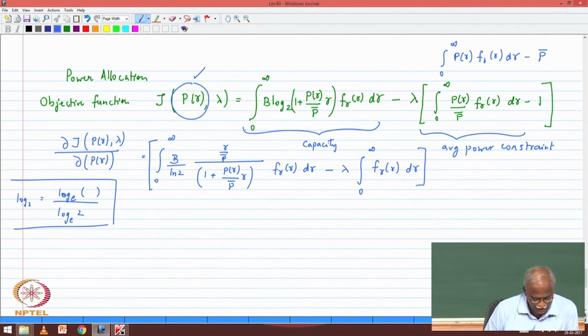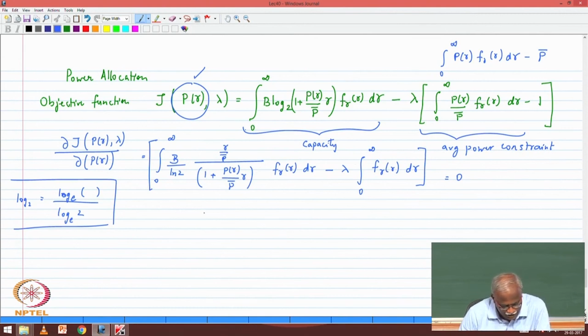I would set this equal to 0. Notice that we are dealing with probabilities and with power allocation, so all the quantities inside are positive. So if the integral has to go to 0, the integrand must be 0. So basically we will set the integrand equal to 0.